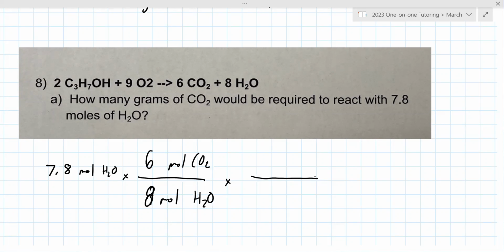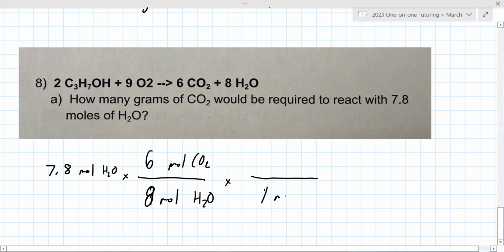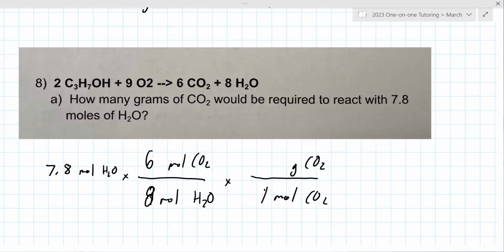Times 1 mole CO2 on the bottom. And on top, grams of CO2.